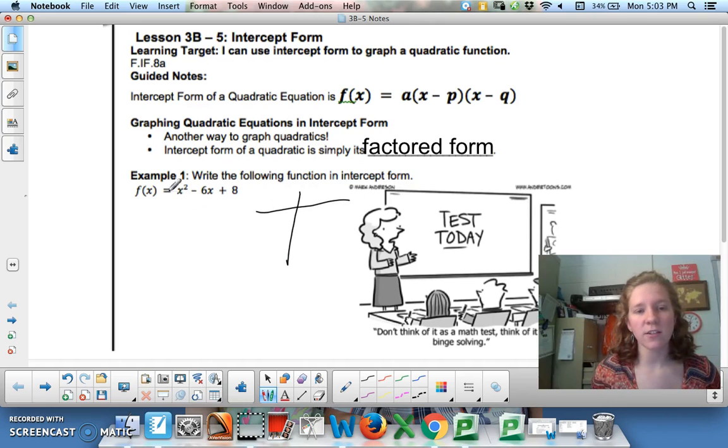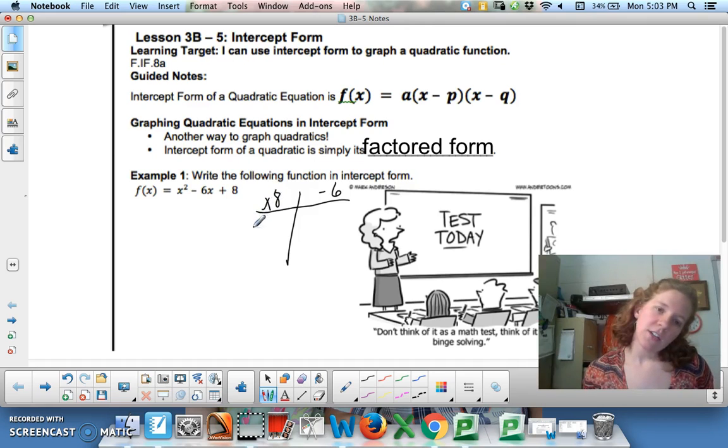So remember to factor. I just have an a is equal to 1 here. So I am going to find my factors of 8, and I want something that adds up to -6. My multiplication here multiplies to be a positive, but my addition is negative, so both of my factors should be negative.